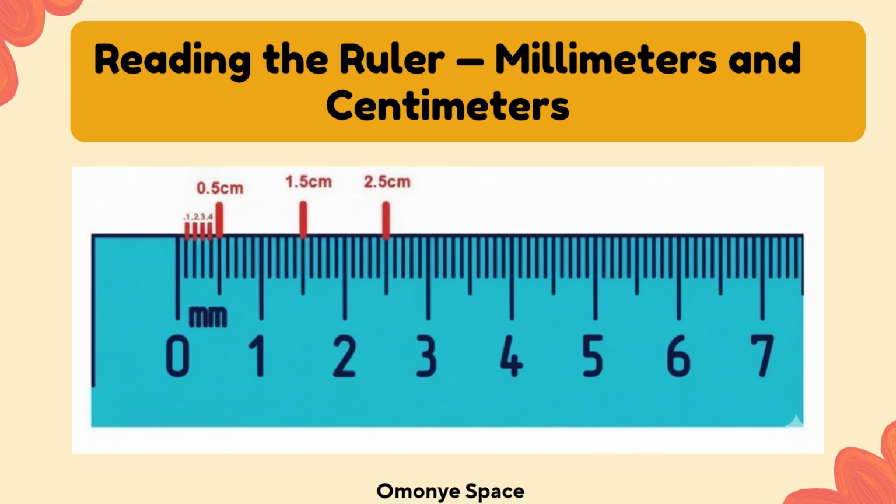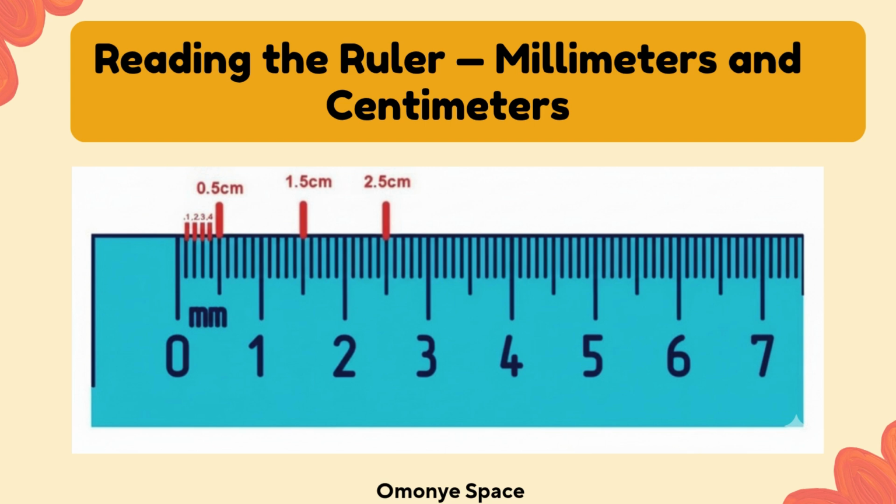Now, we are going to learn how to read clearly in millimeters and centimeters from the ruler. Now, we have a diagram of a ruler. Looking closely at this ruler, the big numbers 1, 2, 3, 4, 5, 6, and 7 are in centimeters, whereas the tiny lines between each centimeter are millimeters.